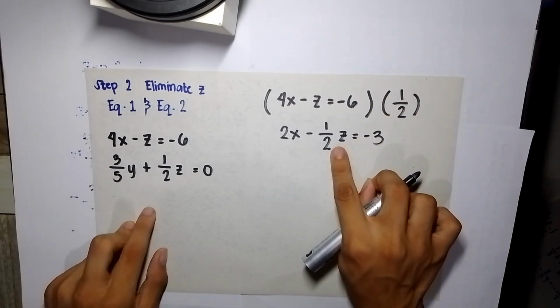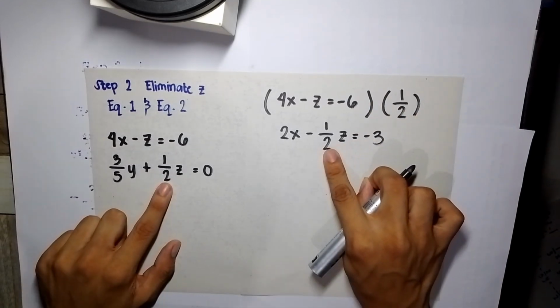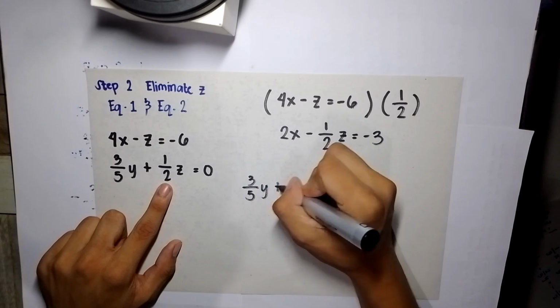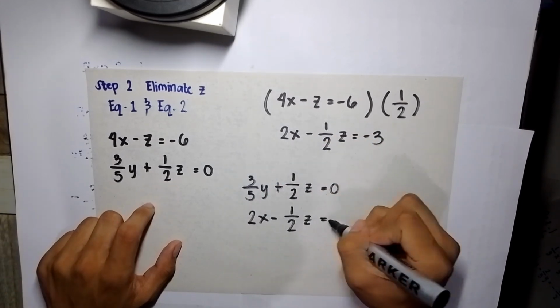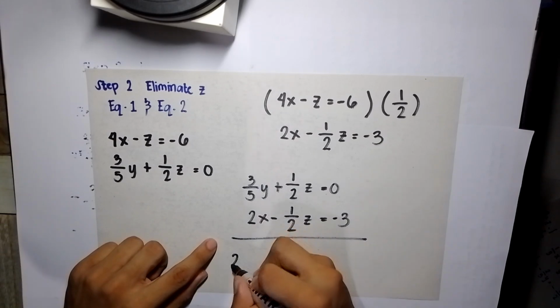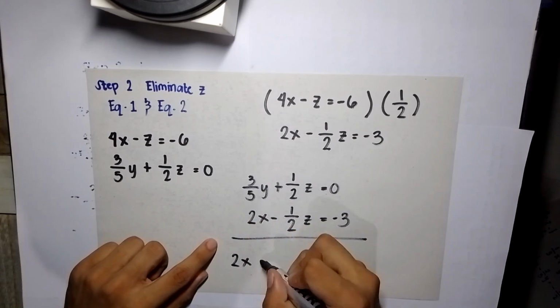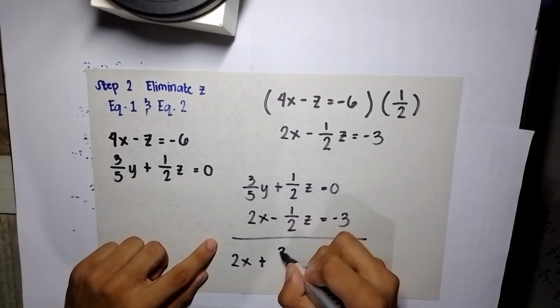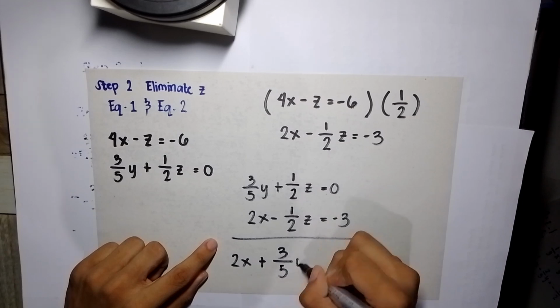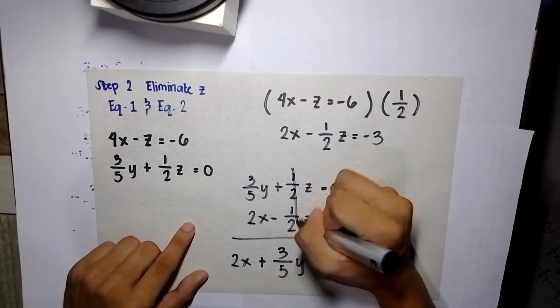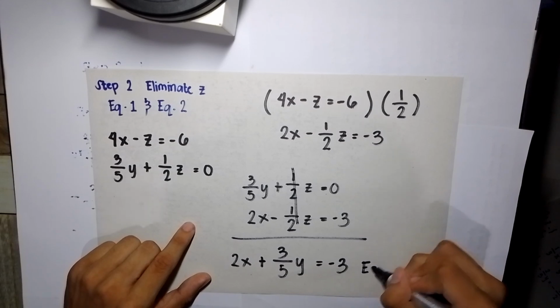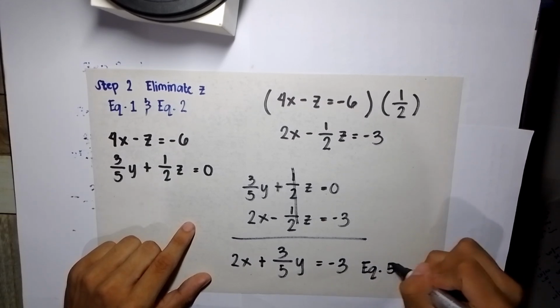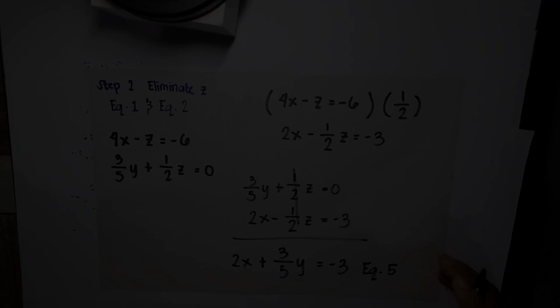As you can see, we can now eliminate the variable z. Combine like terms, we have 2x plus 3 over 5y, eliminating the variable z, and equal to negative 3. Therefore, 2x plus 3 over 5y equals negative 3 is our equation 5.